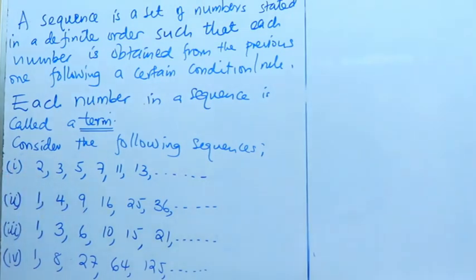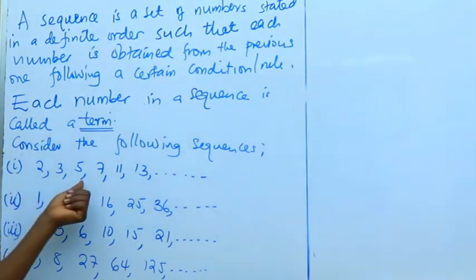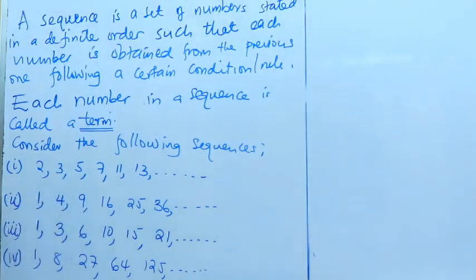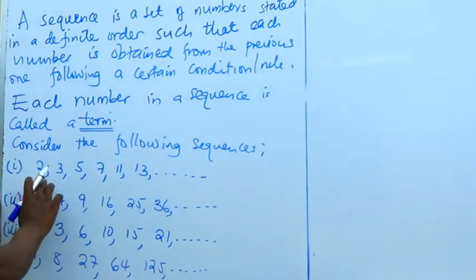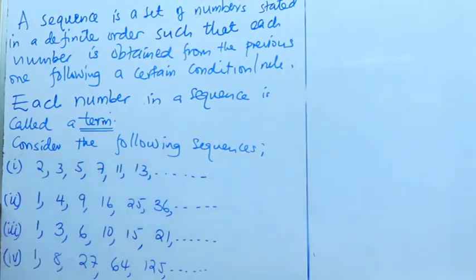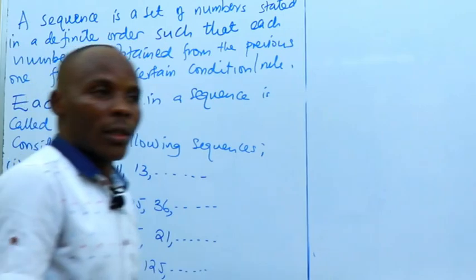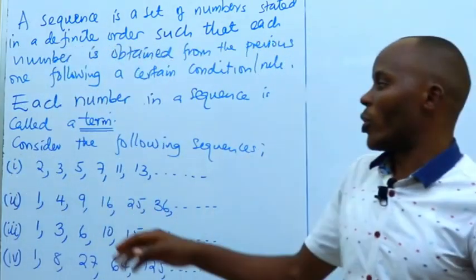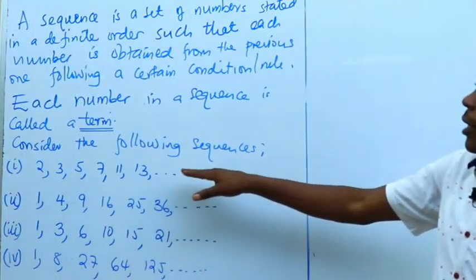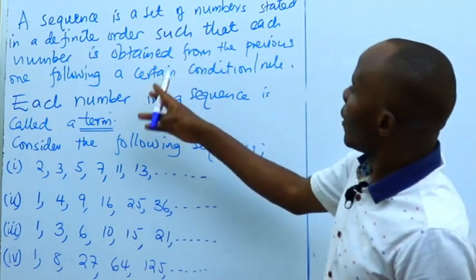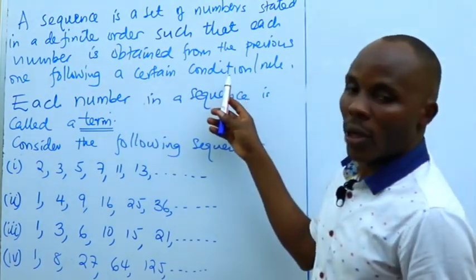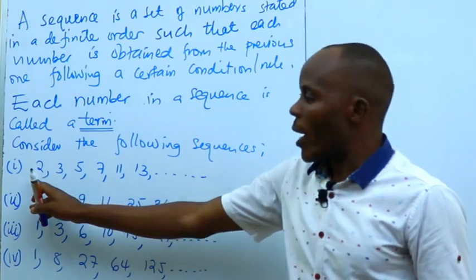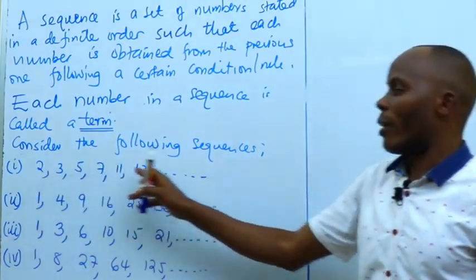When you look at this sequence here, the first number is 2, the second one is 3, the third one is 5. Critically, you can see that this set is containing prime numbers. So it is a sequence of prime numbers. We are following a certain rule to obtain one after another.